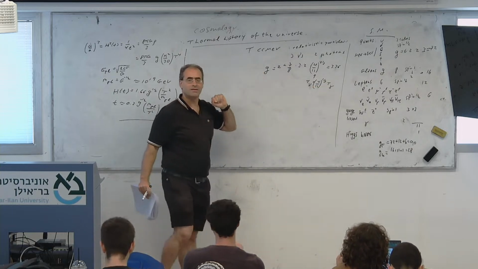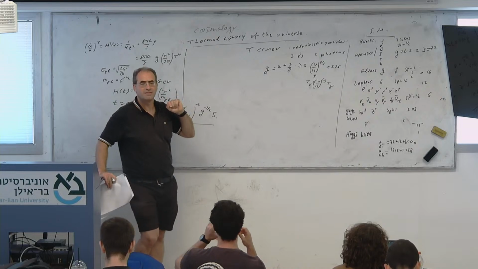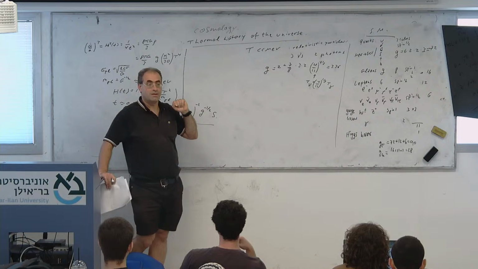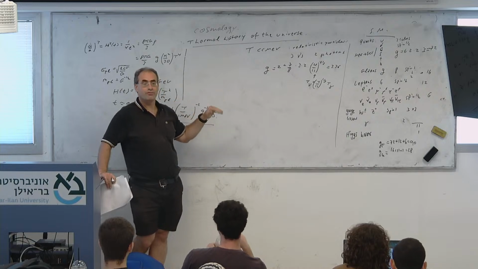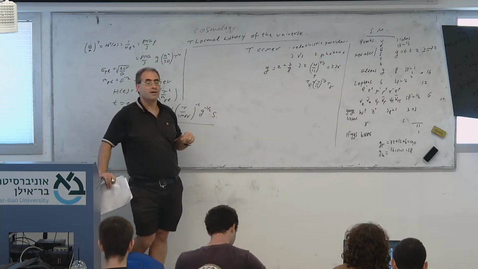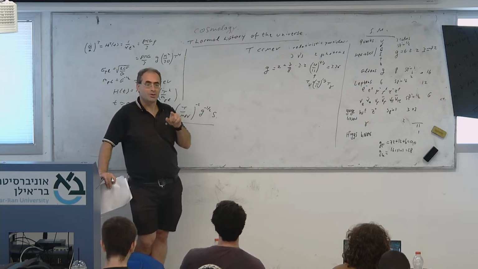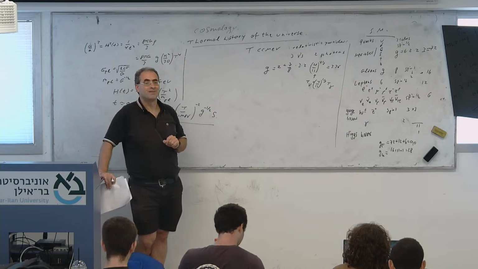If we find more elementary particles, all of these calculations will be wrong. All of this calculation will not be wrong. We'll have to modify it, because you add another degree of freedom. But you will see that in the cosmic microwave background fluctuations.